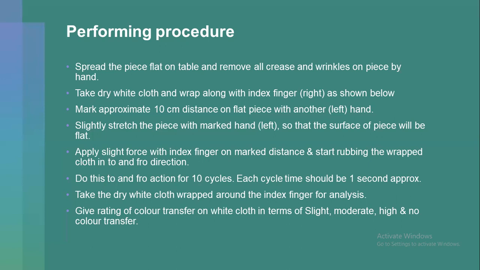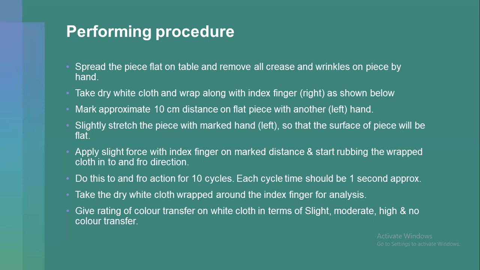Apply slight force with the index finger on the marked distance, and start rubbing with the wrapped cloth in a to and fro direction. To and fro indicates one cycle. We have to perform 10 cycles, with a time gap of approximately 1 second per cycle.